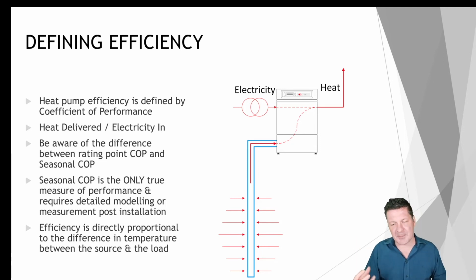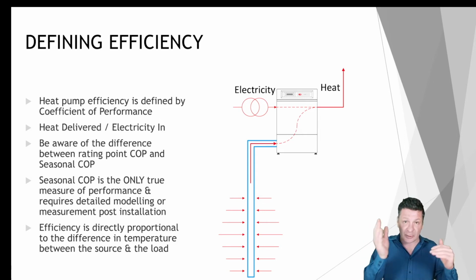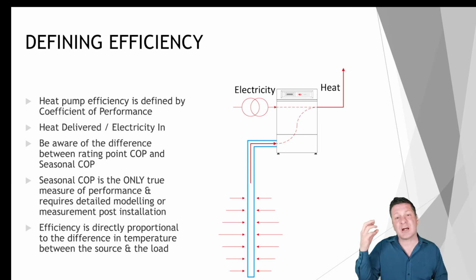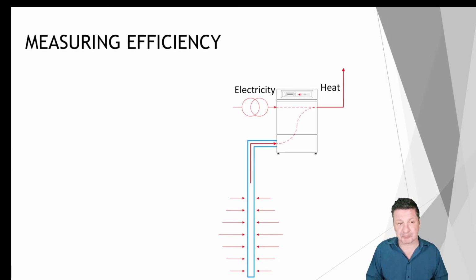And the point I would make there that's critical is if that source is not designed properly, particularly in the case of ground source, it can get colder, therefore less efficient. And if the heat emitters are not considered properly, particularly in a retrofit environment, if a proper assessment of the heat emitters is not made, then you can sacrifice performance very, very easily and quickly.